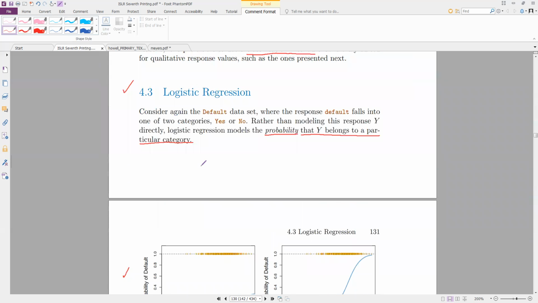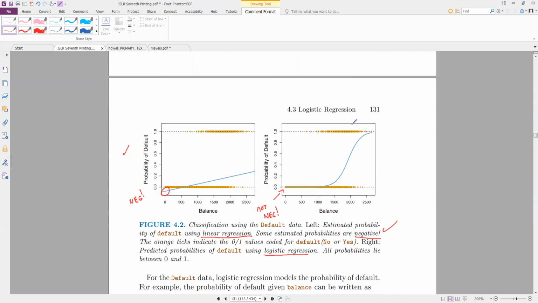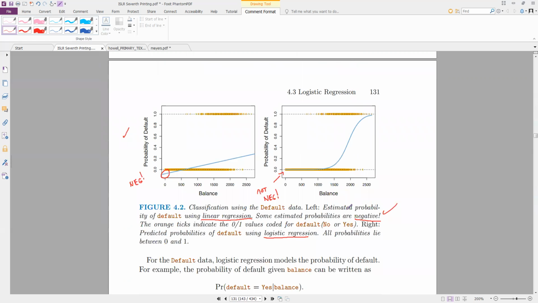So what does logistic regression do? Well, logistic regression models the probability that Y belongs to a particular category. So it's looking at the probability. Now, how it gets to the probability, we're going to see is a little bit complicated. So here's a situation where we're trying to classify and we're using a linear model.